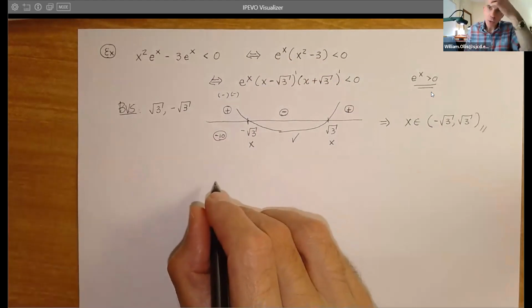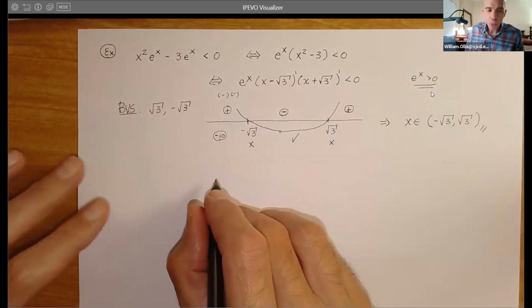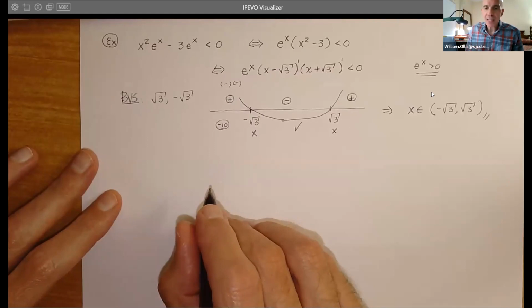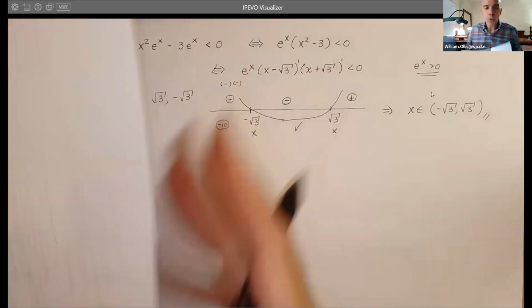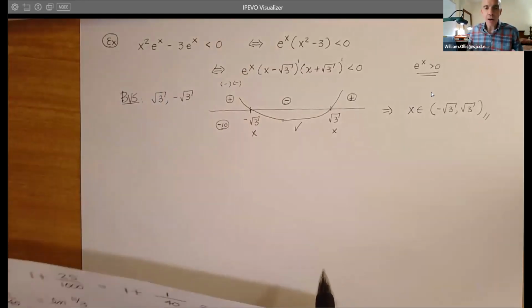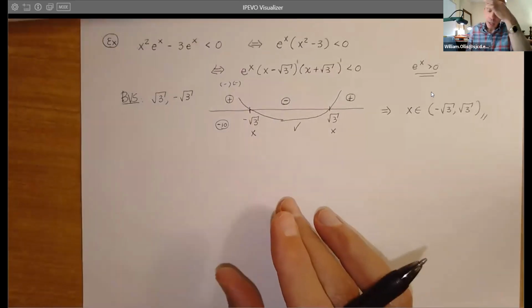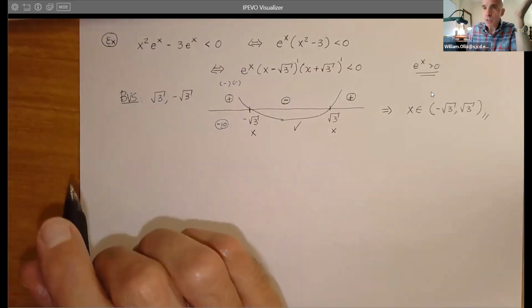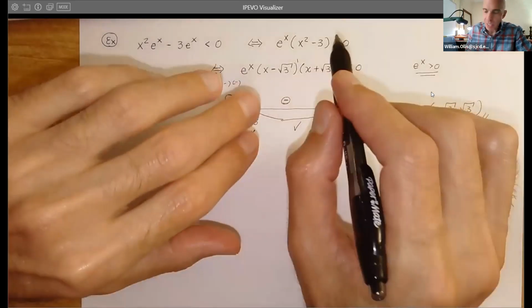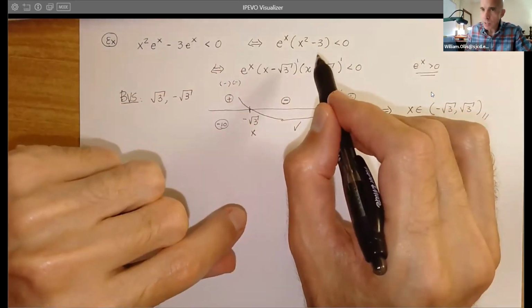parentheses. So again, when it comes to inequalities, we're not doing anything new in the sense that we're still doing the same type of computation. What we want to be able to do is, if necessary, introduce some new functions.